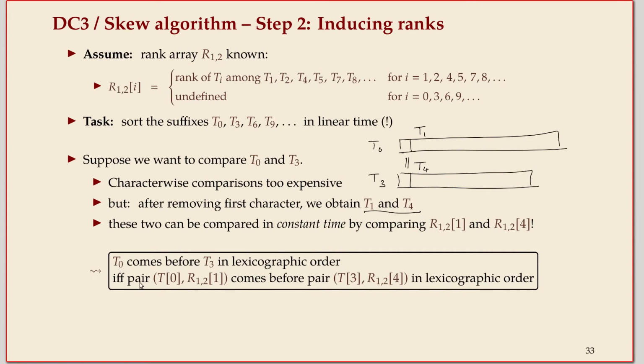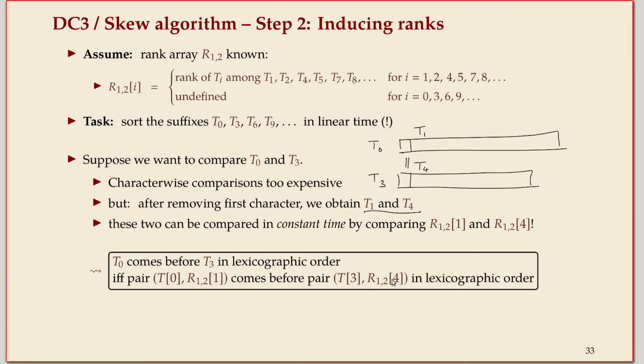And written formally, that means T0 comes before T3 in lexicographic order if and only if, as a pair in lexicographic sense, the first character and the rank of T1 comes before the pair first character of T3 and rank of T4.